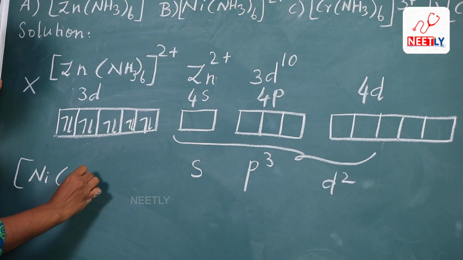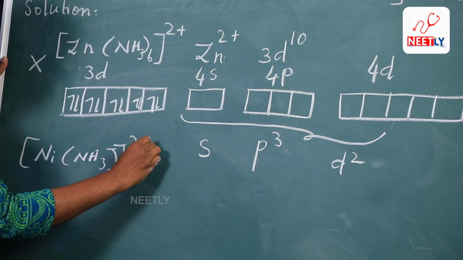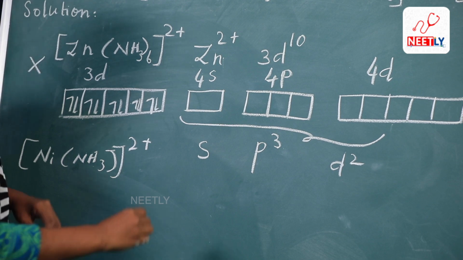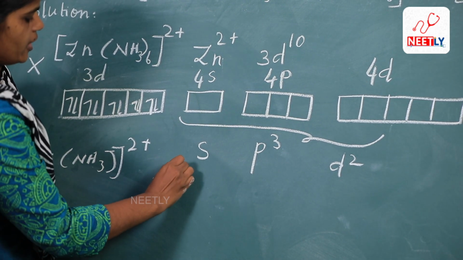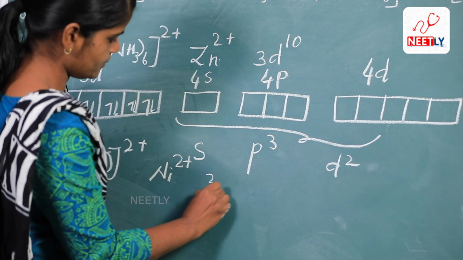And if I take this option, that is hexamine nickel 2+ ion. Here nickel has +2 oxidation state and its electronic configuration is 3d8.